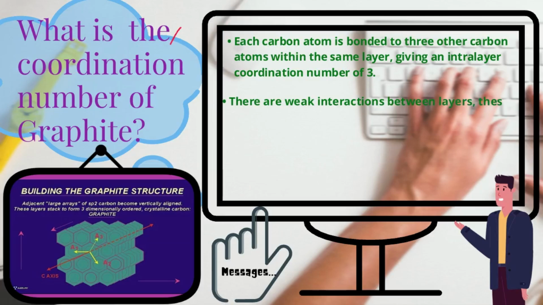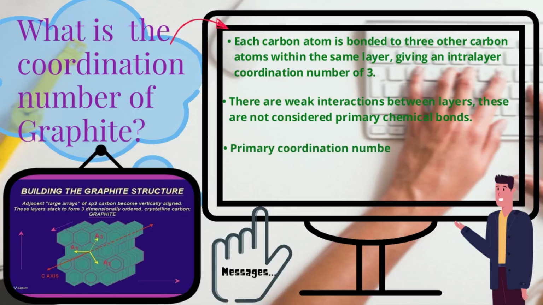Specifically, in the idealized structure, each carbon atom is near 3 atoms in the adjacent layers. But these interactions are not strong covalent bonds. Therefore, due to weak van der Waals forces, these interactions are not considered primary chemical bonds. Thus, the coordination number between layers is equal to 1.